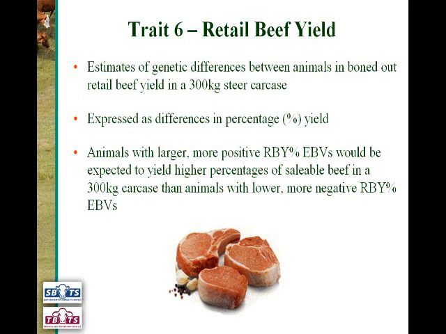This EBV is expressed as differences in the percentage of yield, with animals with higher retail beef yield EBVs expected to yield a higher percentage of saleable beef from a standard 300 kilo carcass than animals with lower retail beef yield EBVs.